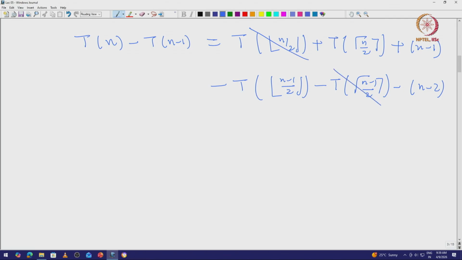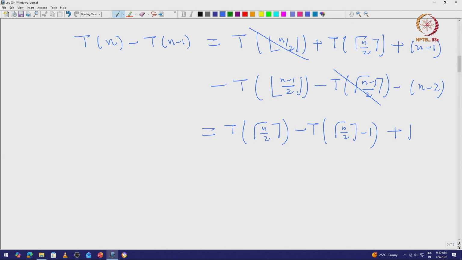And from n minus 1, when you subtract n minus 2, you get 1 as a remaining value. Therefore, this is same as T(ceil(n/2)) minus T(ceil(n/2) minus 1) plus 1. That is because floor((n-1)/2) is ceil(n/2) minus 1.